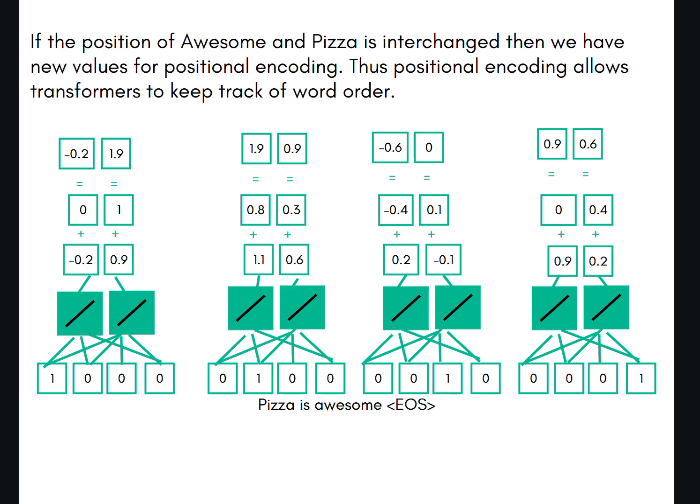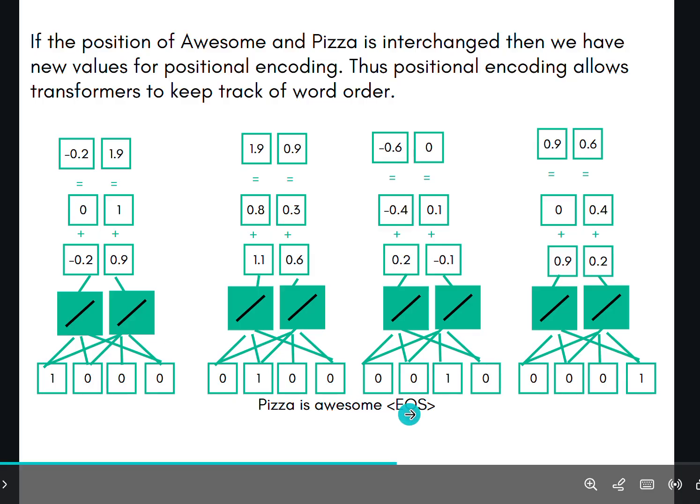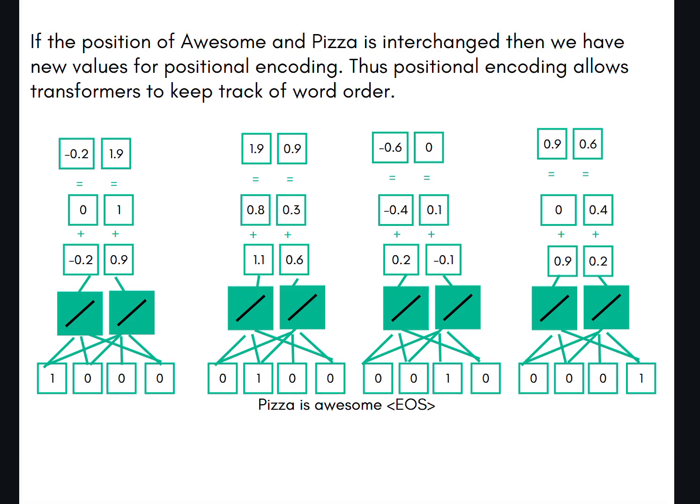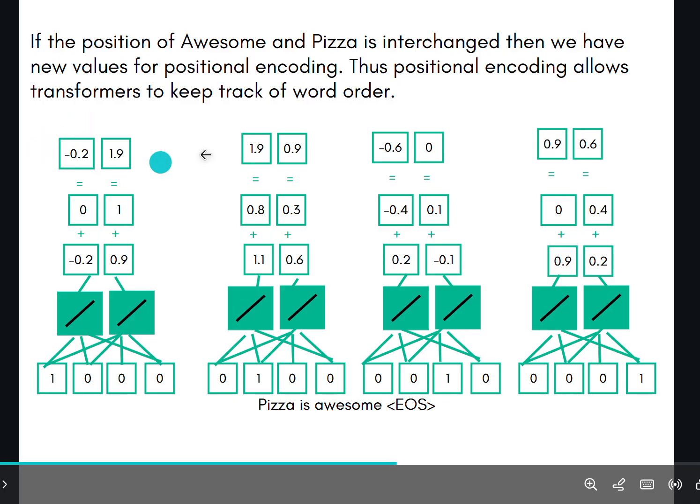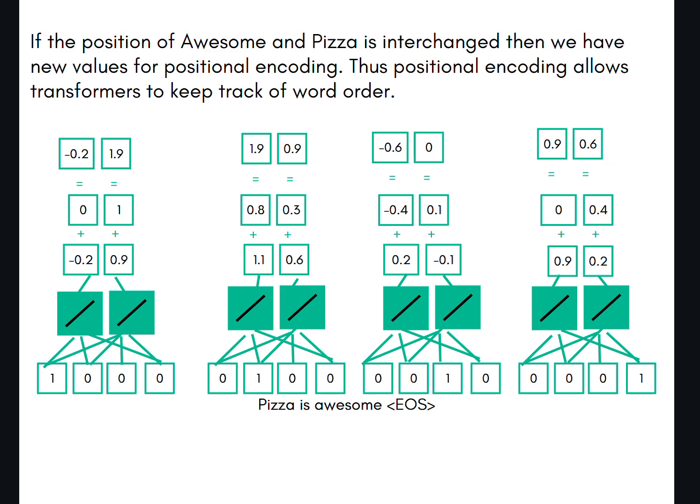This positional encoding allows transformers to keep track of word order. So "pizza is awesome", "awesome is pizza". Notice that we might have the same word embedding value, right? But when it goes into positional encoding, because the values will differ, at the end, when we get the final value, it will be different from what we have here for "pizza is awesome", right?